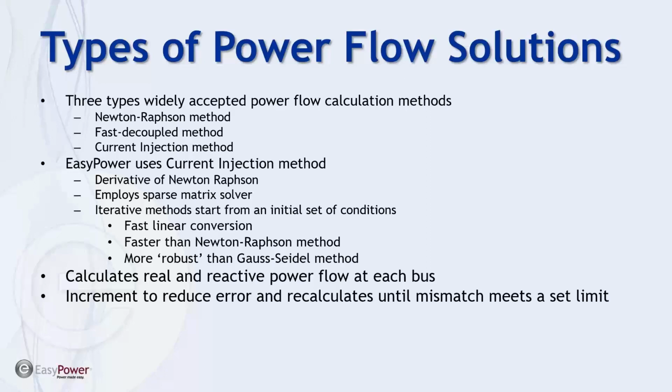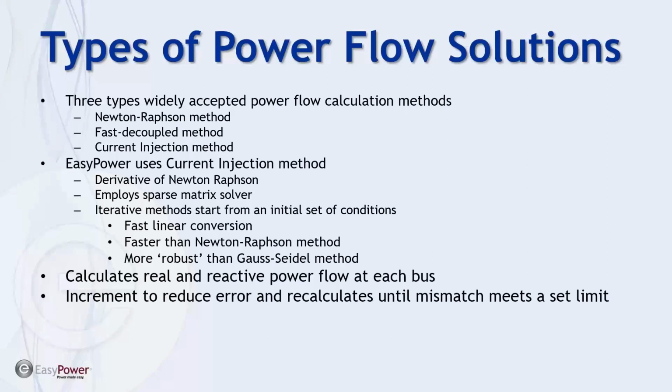What that gives us is a sparse matrix that allows much quicker calculation, and the result is more robust than the Gauss-Seidel method. All of that means nothing until you start trying to analyze a large system, and the net result is you'll get a faster result using the EasyPower methodology.